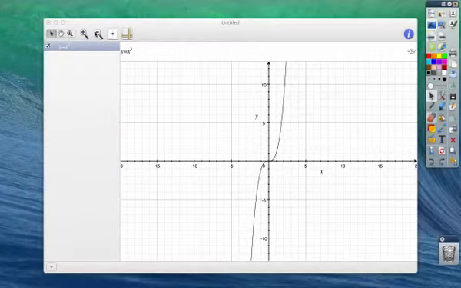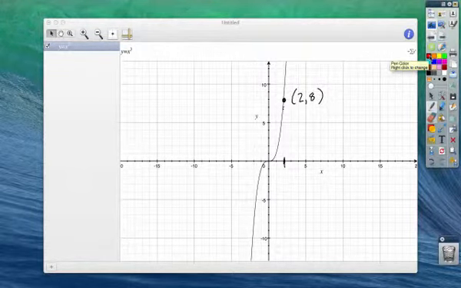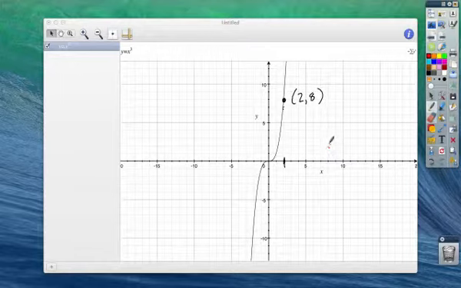Okay. This is the point 2 comma 8. When I take the inverse, what should the new point be? 8 comma 2. So I'll do that in red. Where's that? Let's see, that's 8 comma 2.